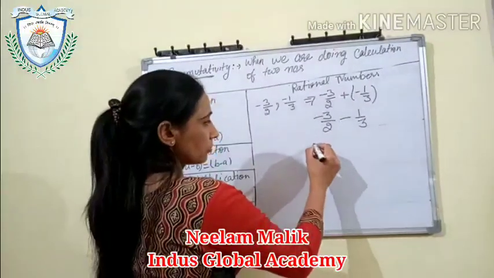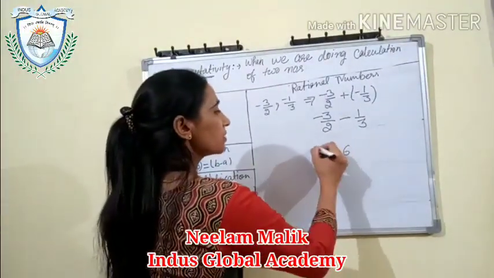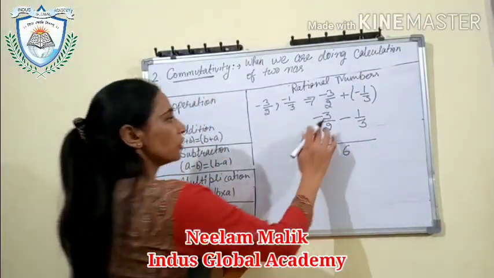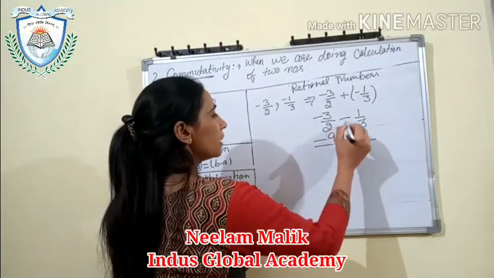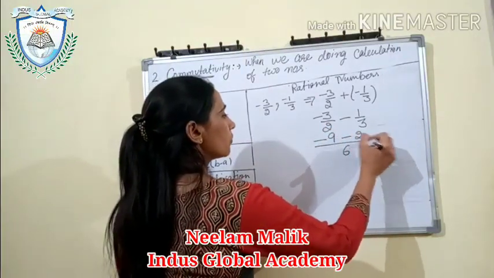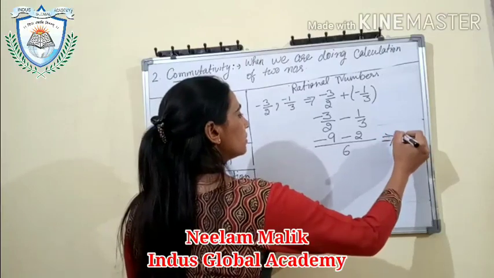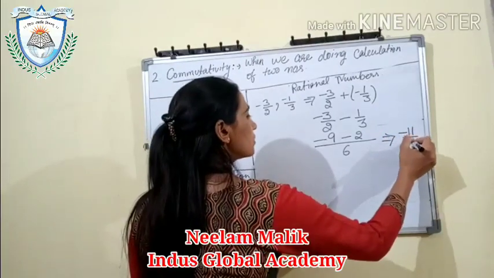Here take the LCM. LCM will be 6. So it will be minus 9, it will be minus 2. What will be the answer? Minus 11 upon 6.